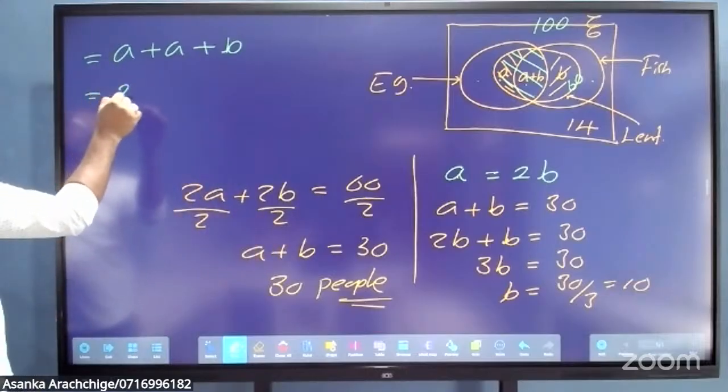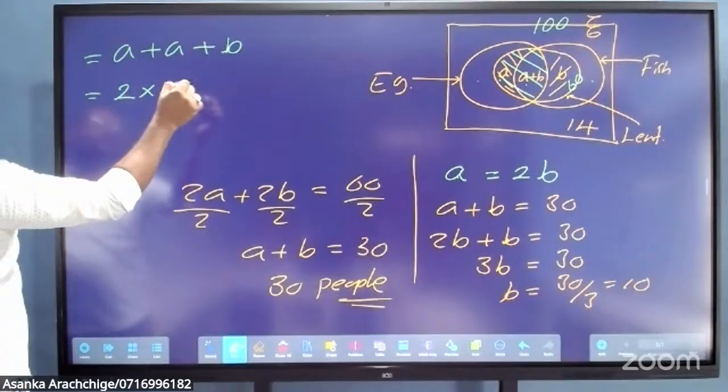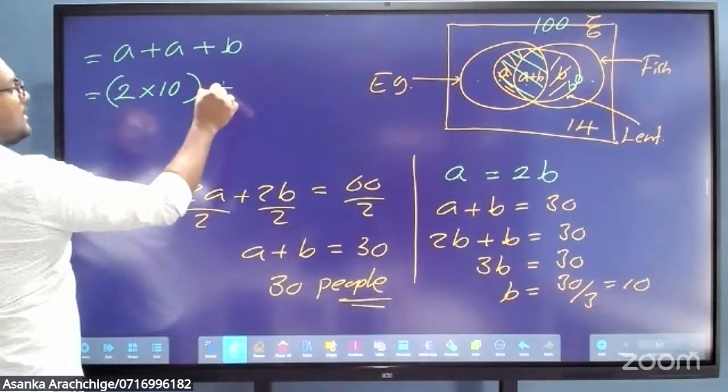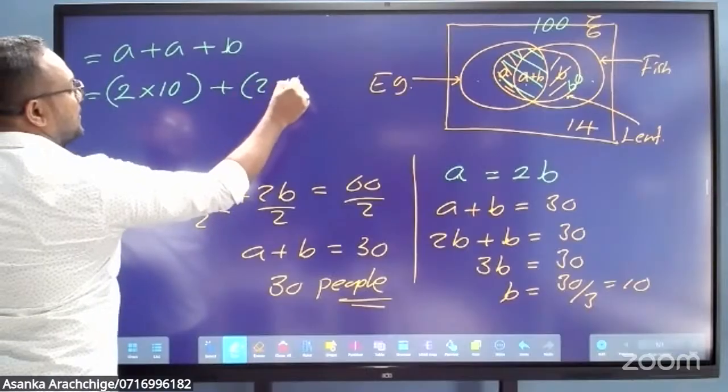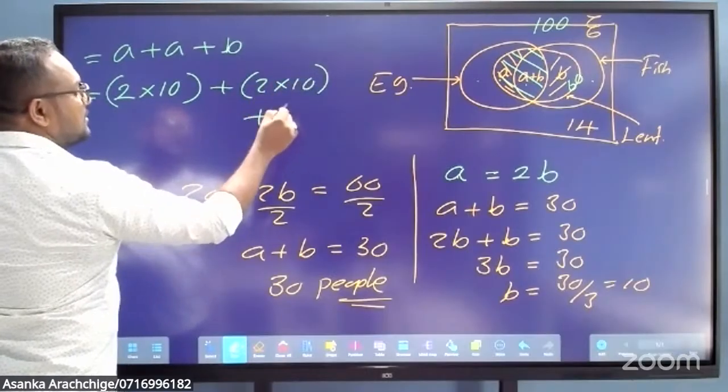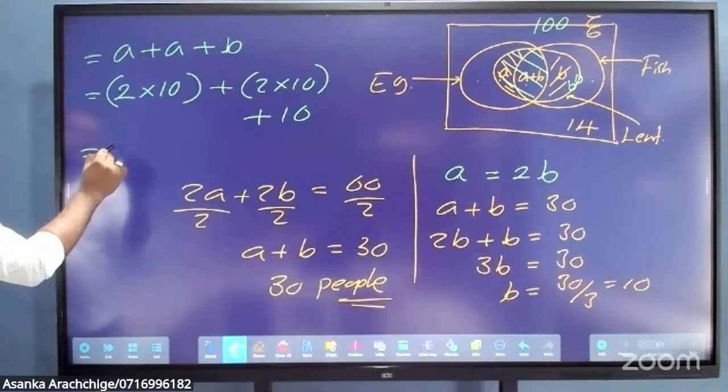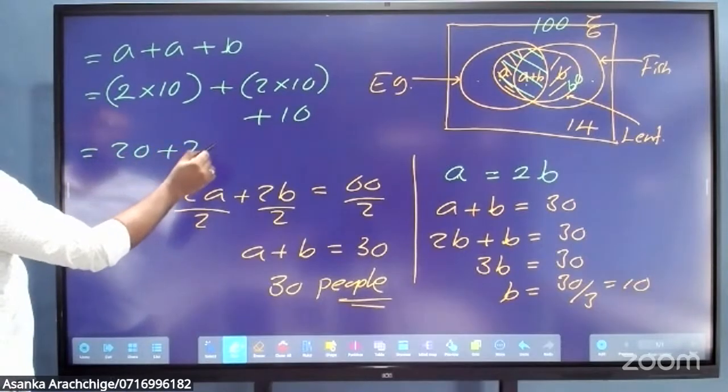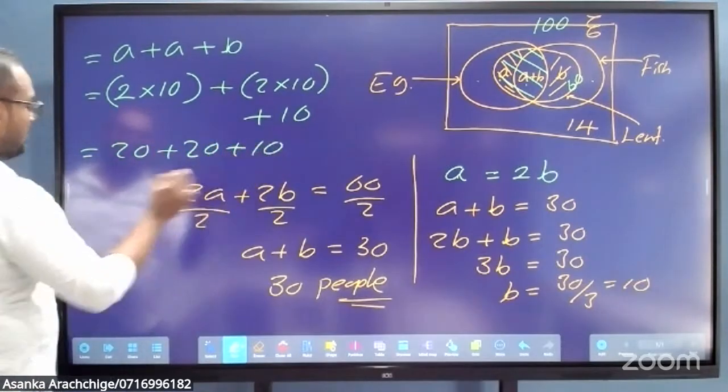So 2 times 10, plus again 2 times 10, plus 10. 2 times 10 is 20, 2 times 10 is 20, plus 10.